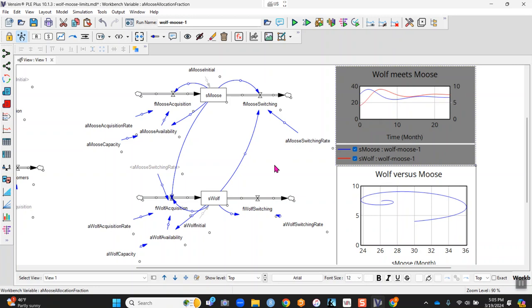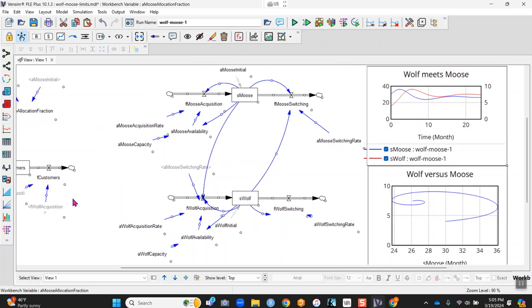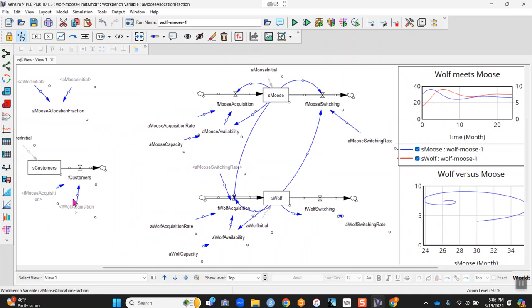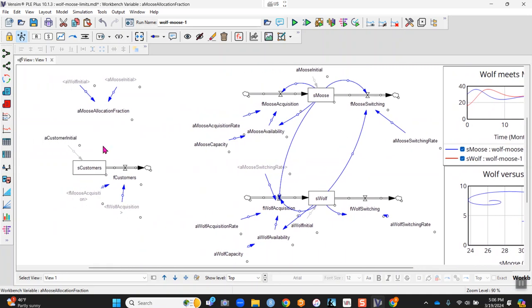Okay, so you can see it's pretty high there, and it drops, and that rises. Okay, so we could use these ratios at any given point in time. And that would be an interesting exercise to do, because then we will make the moose allocation fraction time dependent as this thing rolls through.